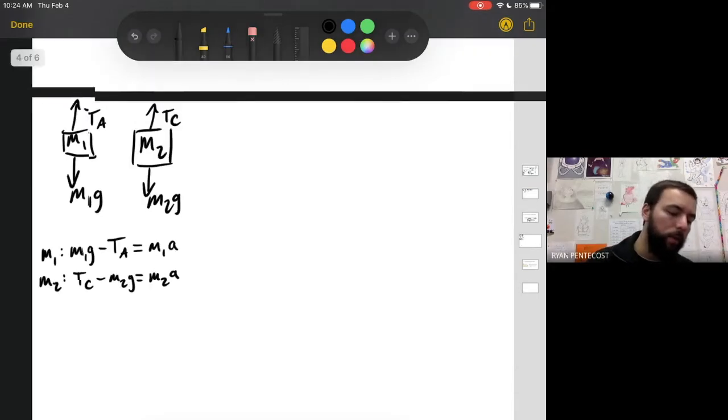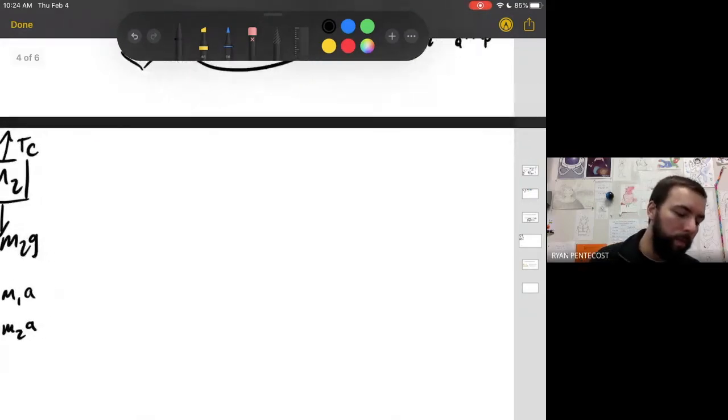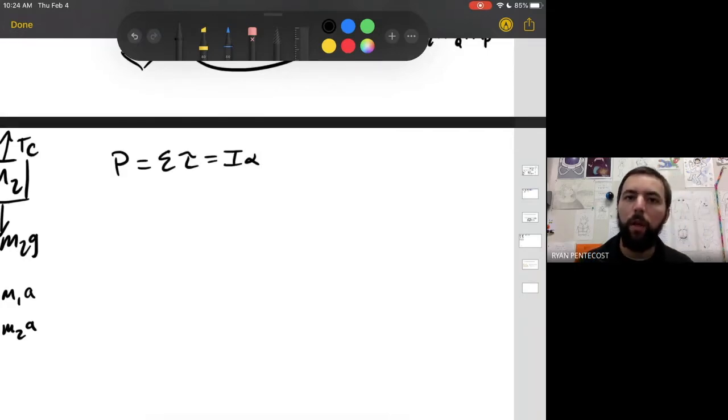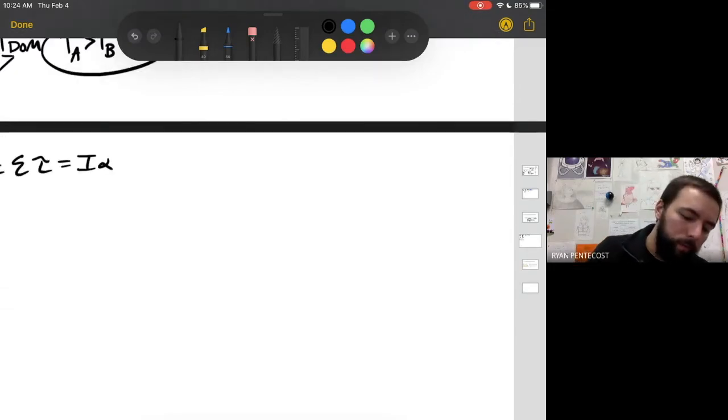Now, what makes this different from everything we've done before is that we're now considering the pulleys. So let's consider pulley P. Okay? Pulley P has a summation of torque, not necessarily a summation of force, but we can make this a summation of force. Remember, summation of torque equals force crossed with radius.